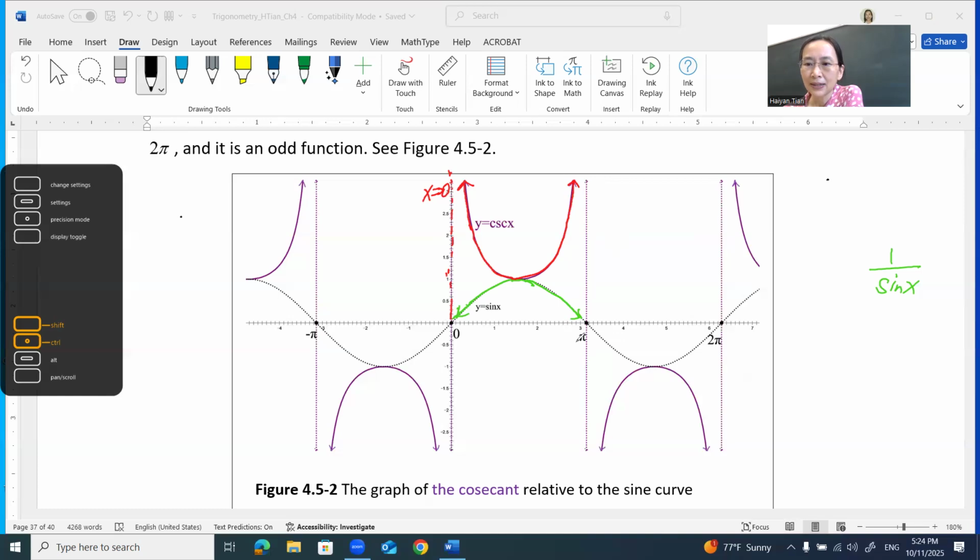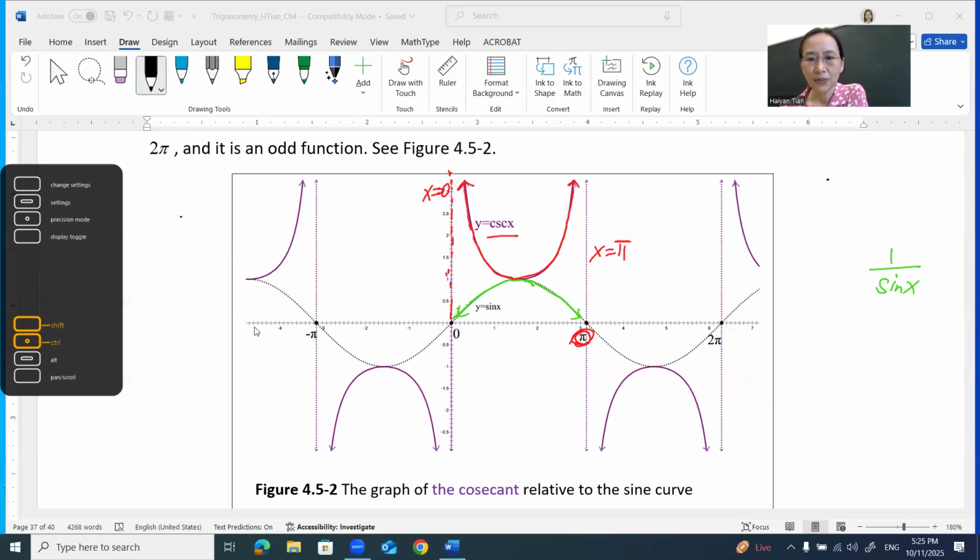But when x is pi, this curve will never intersect with this line x equals pi, because x should never be equal to pi. Our cosecant x function is undefined at this point. So cosecant curve will never intersect with this, and those vertical lines are just vertical asymptotes to show some kind of framework for the cosecant curve.